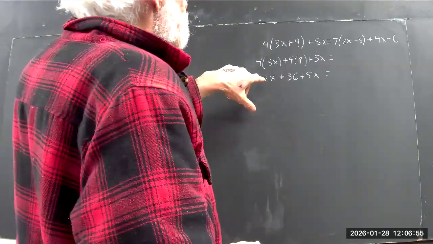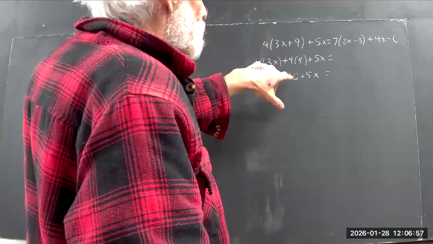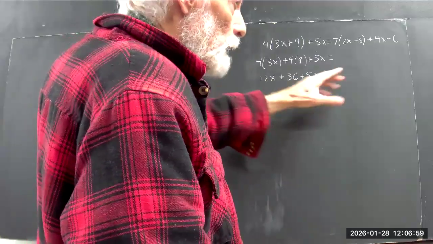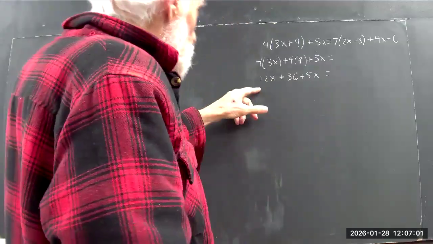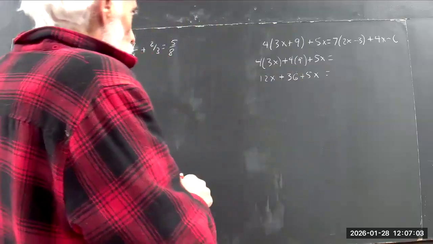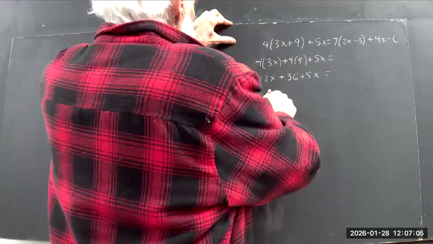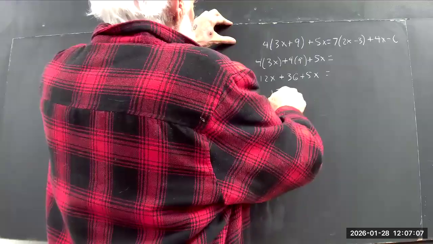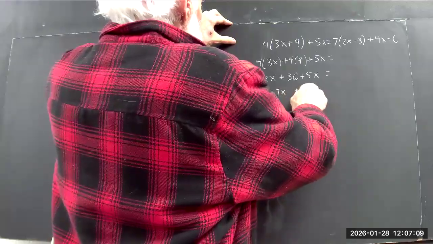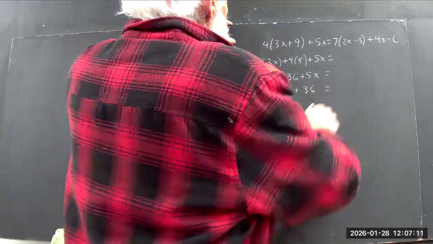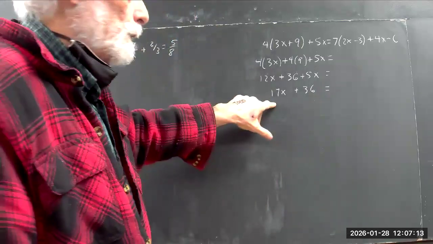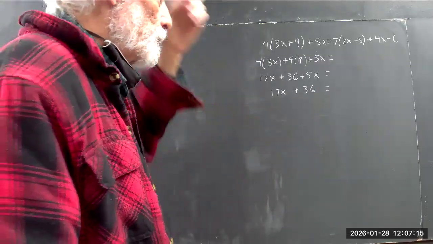Now we have 12x plus 36 plus 5x. We add the 12x and the 5x, and that gives us 17x. We still have 36.